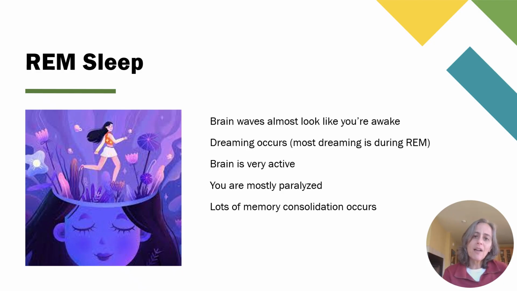And we also know that a lot of memory consolidation occurs here. Again, the one textbook said it's mostly procedural or skill memory consolidation that happens here, but some other sources suggest that other types of memory also are being consolidated.